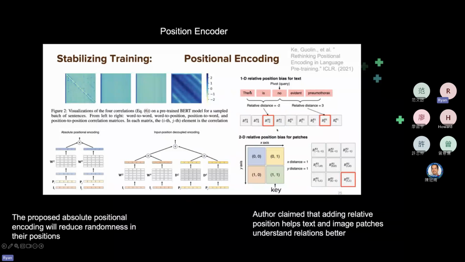So they know the positions of the tokens, I guess. Same thing goes for the 2D relative positions. And this is also the new position embedding method that they use in the architecture, which they also promote will reduce randomness in their positions.